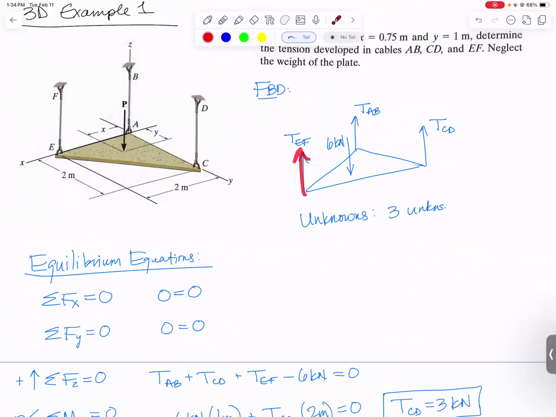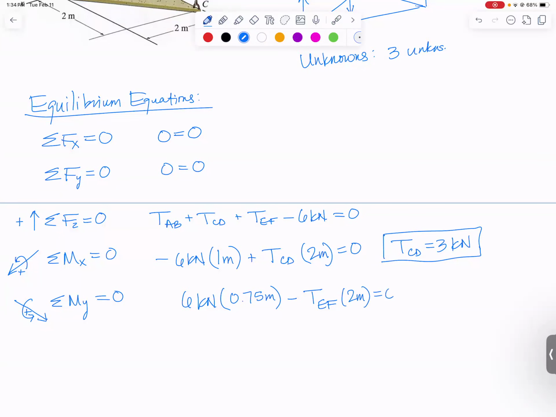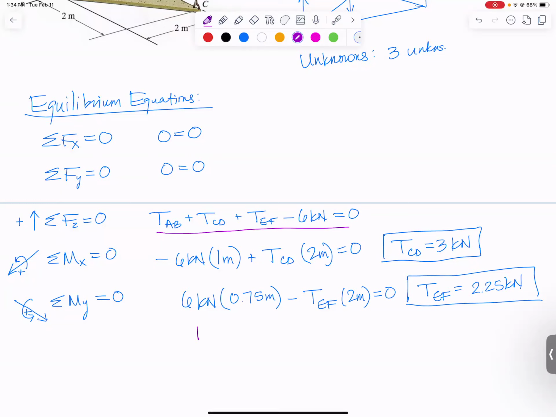That's the force over here, and its perpendicular distance from the y-axis will be 2 meters away. And solving, we get that TEF is 2.25 kilonewtons. Now I can go back to my force in the z equation, this one right here in purple, and I will get that TAB is equal to 0.75 kilonewtons.